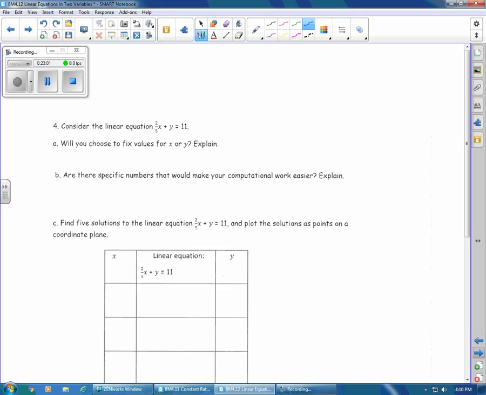So consider the equation 2/5 x plus y equals 11. Will you choose to fix values for the x or for the y? Which do you think is going to be easier?